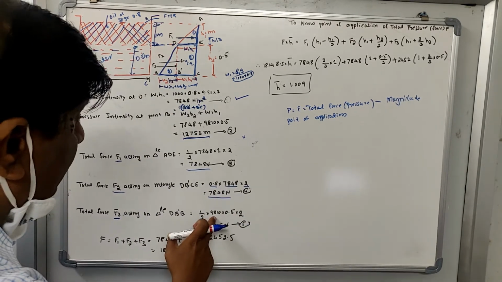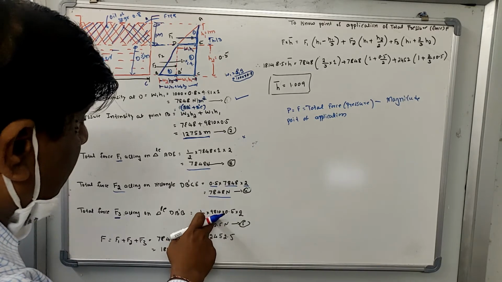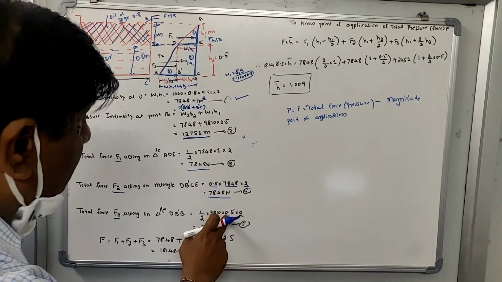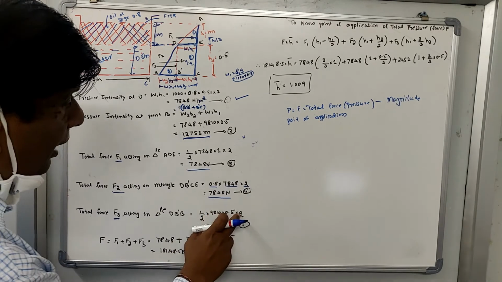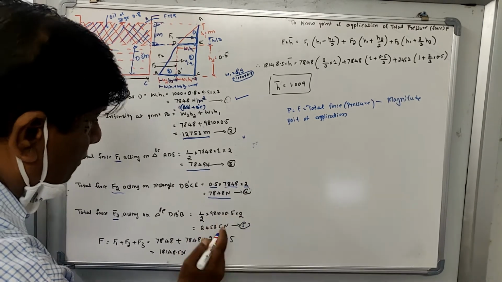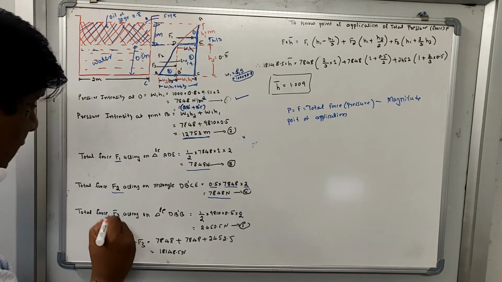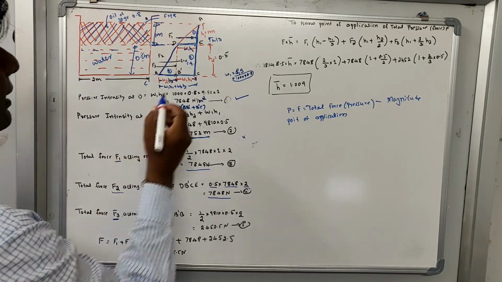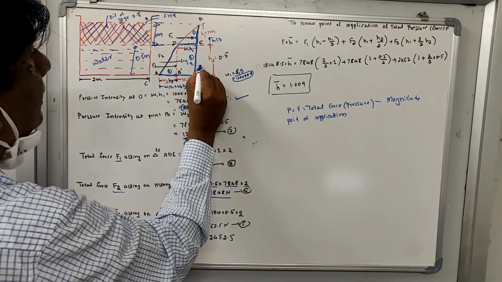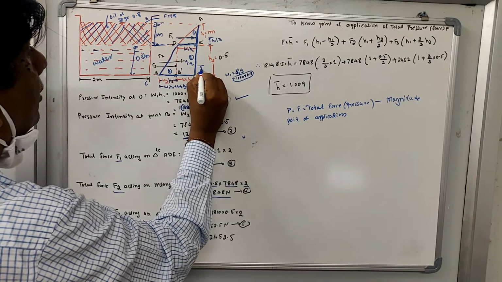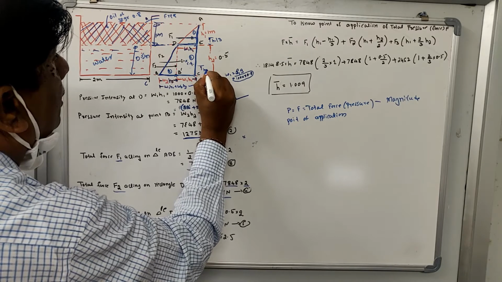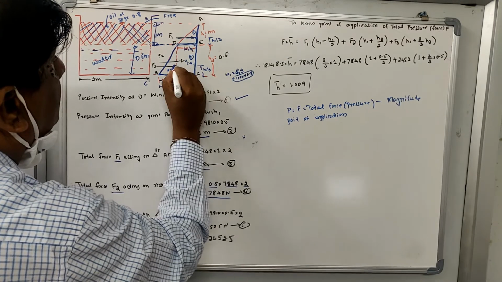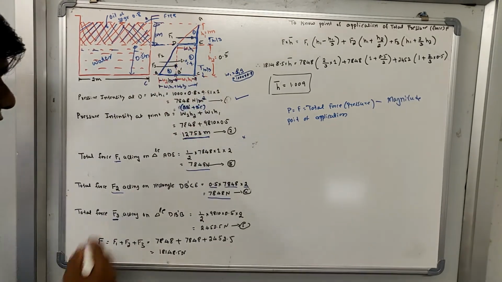This 9810 is the unit weight of water, and this is the height of the water in the tank, that is 0.5 meter, and this is the width of the tank. So this gives you the force F3, and it acts at a height of H2 by 3 from the base. So this is the point of application.